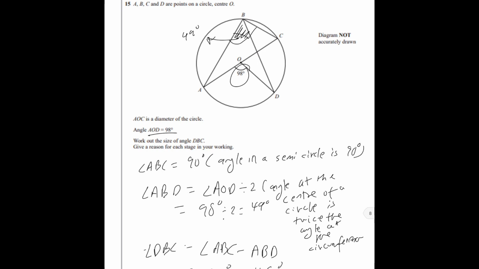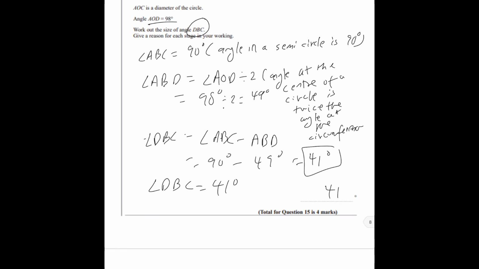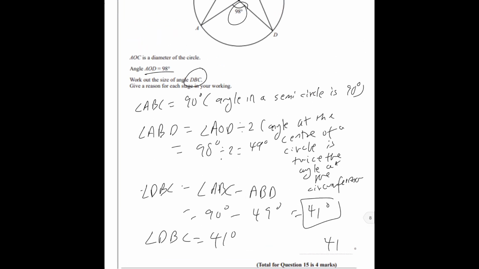So ABC is 90 degrees, the whole angle, minus the small angle that we have found through using the rule angle at the center of the circle is twice the angle at the circumference. So 90 degrees minus 49 is going to give us 41 degrees, and that is your angle DBC. So DBC, that is this portion here, is 41 degrees. There you go, you solve the question.